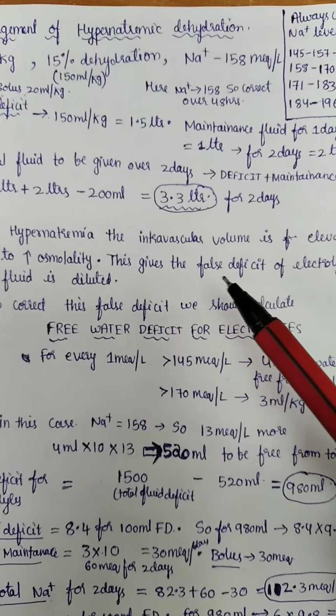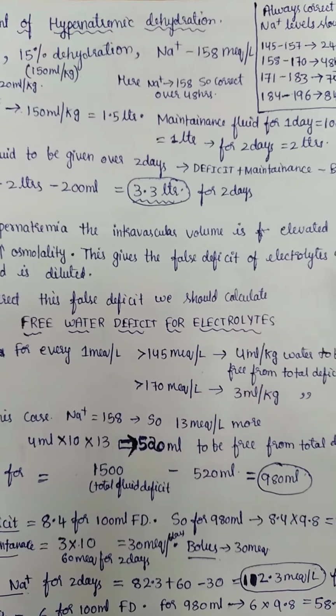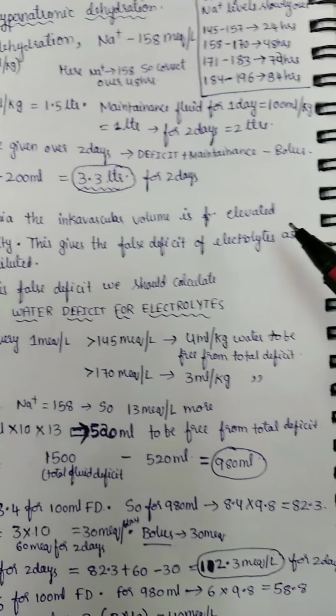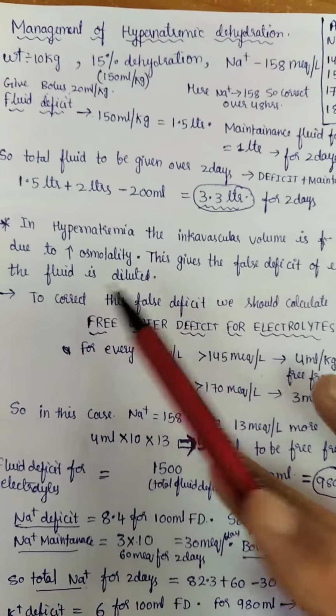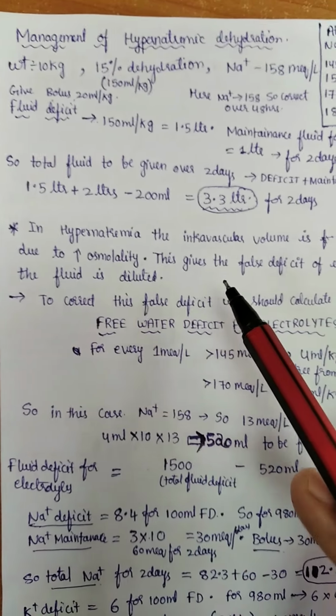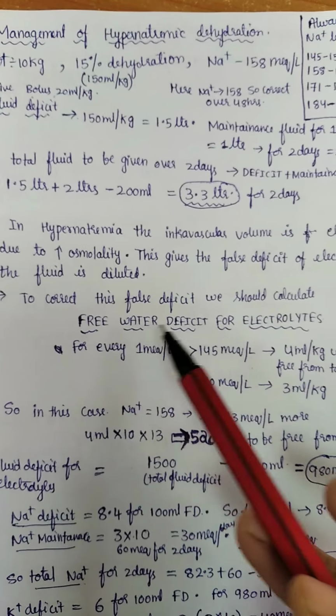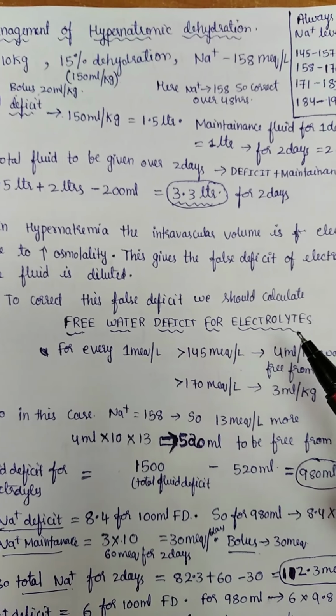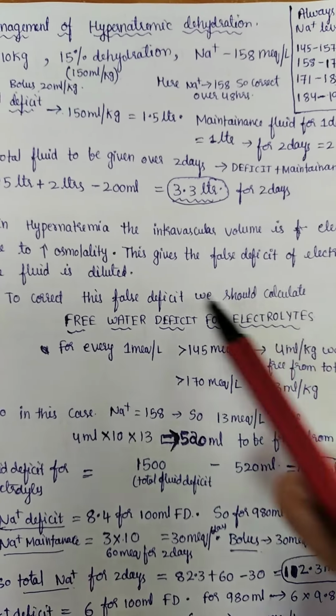This gives a false deficit of electrolytes, because there is increased volume and the electrolytes will be diluted. So to correct this false deficit, we should calculate the free water deficit for electrolytes. It is a little bit complicated.